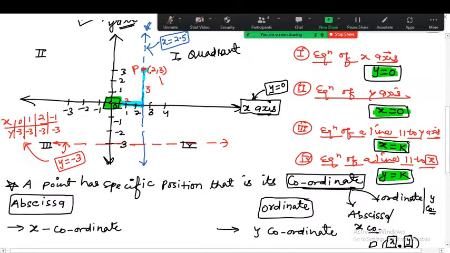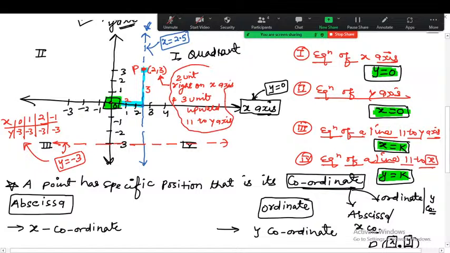By observing this 2, 3, you can tell how much right? 2 units right on x-axis and 3 units upward parallel to y-axis. This idea can be drawn if you just see the point 2, 3.